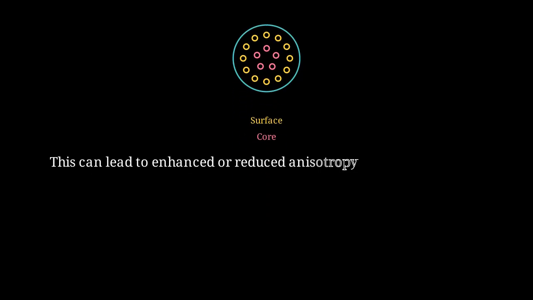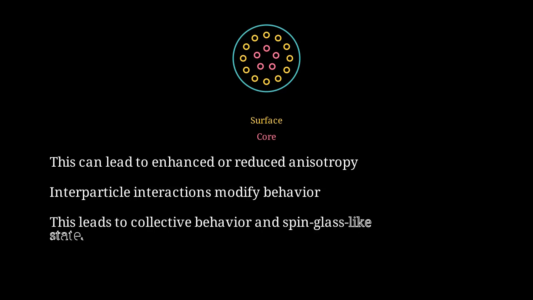Surface effects can either enhance or reduce the effect of anisotropy, depending on the material and surface chemistry. In real systems with many nanoparticles, magnetic interactions between particles can significantly modify the super-paramagnetic behavior. These interactions can lead to collective behavior and complex spin glass-like states at low temperatures.